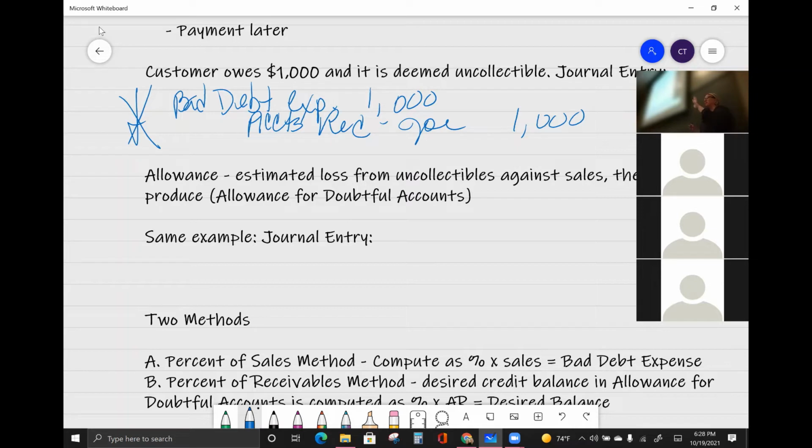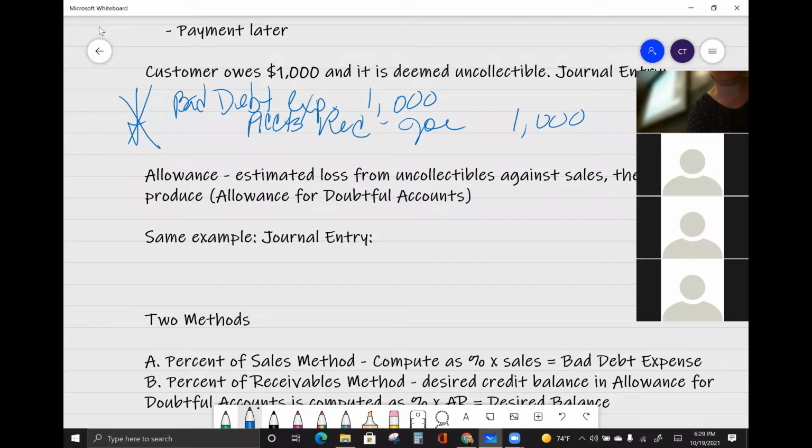Not bad debt expense, I've already done that, but it's the allowance for doubtful accounts. So I'm doing the same entry where I have to remove my accounts receivable. The only thing that's changed is I've already estimated it, so I've already expensed it. I don't have to do it again. I'm gonna offset what I've set up as an allowance.